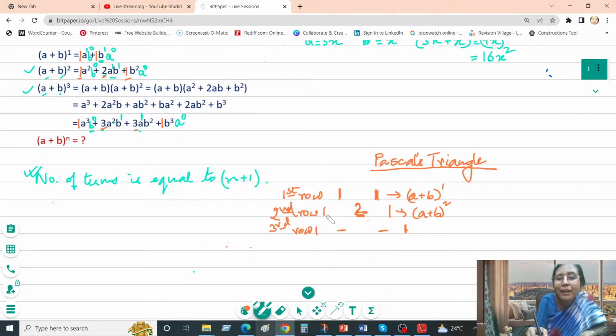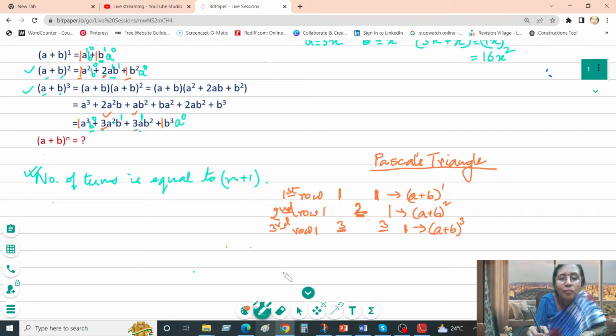We will be adding the two terms immediately above this position in the previous row. 1 plus 2 is 3 and 2 plus 1 is also equal to 3. So you see the two other coefficients are 3 and 3. And this corresponds to a plus b raised to the power of 3.